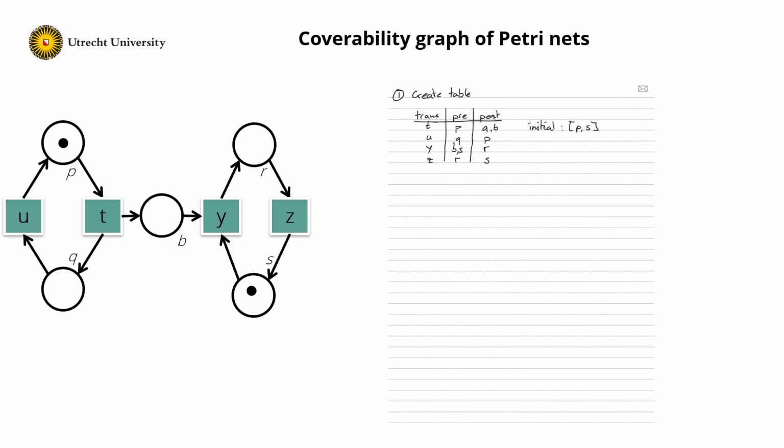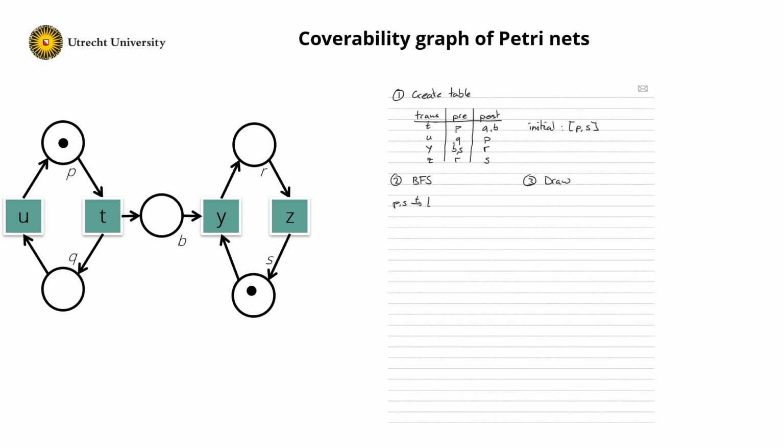So, as before, I will create a breadth first search to discover all the markings that I will reach. But I will also directly draw the graph. So that way I can directly see when to introduce an omega. So I start in the initial marking PS. In PS, transition T is enabled.